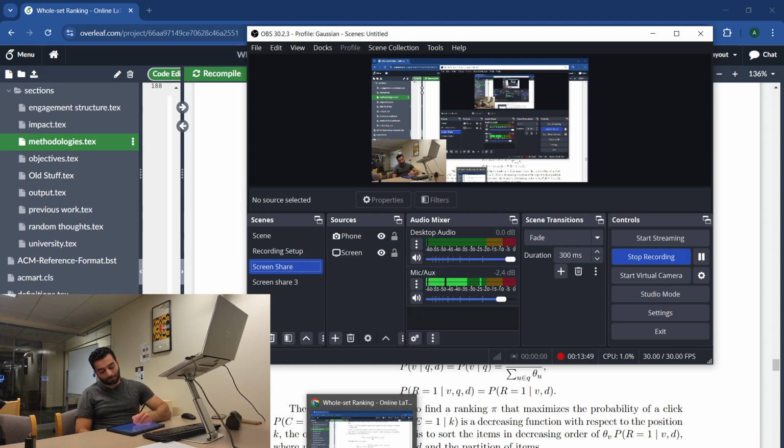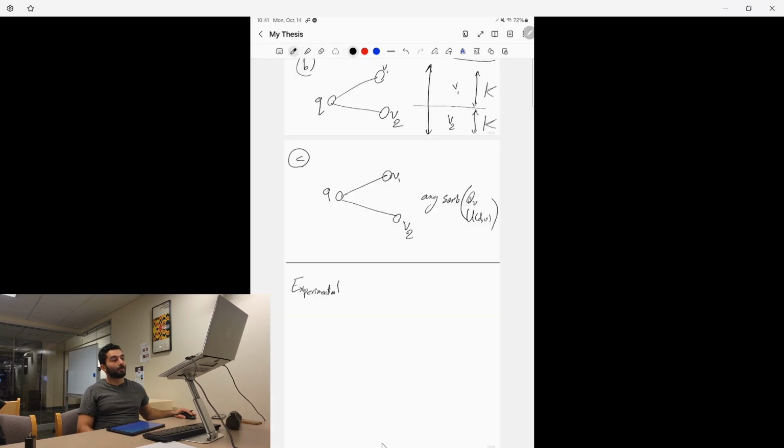Experimental setup. We want to say how to find out the parameters given a data set.